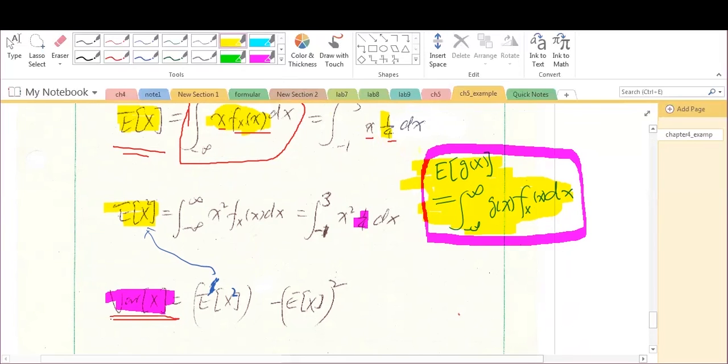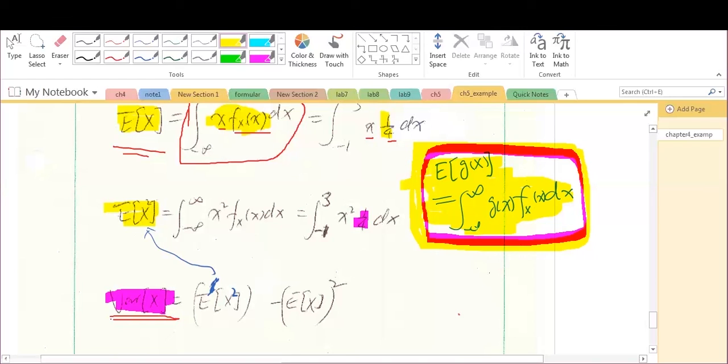This is true for all random variables. This relationship can be proved, but at this moment we're not going to bother with the mathematical proof. We just use it. This is the expectation of g(x), where g is any function of a random variable.